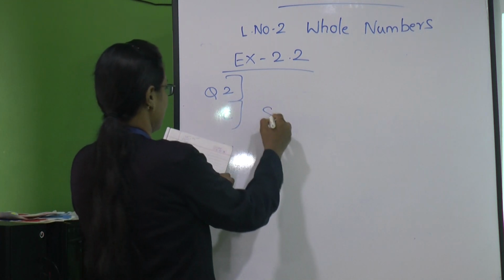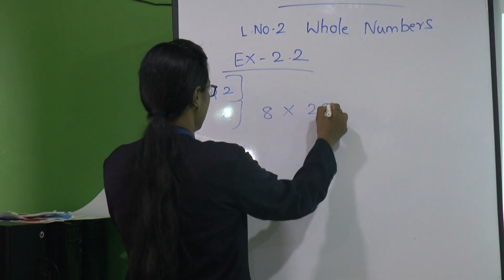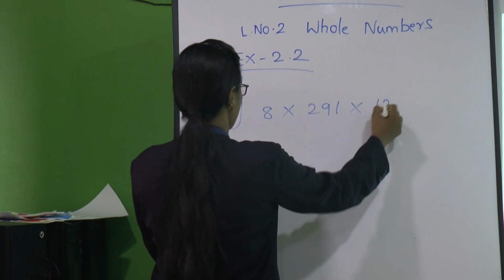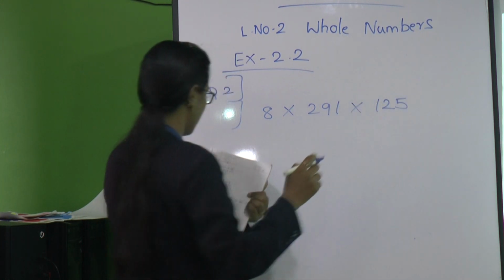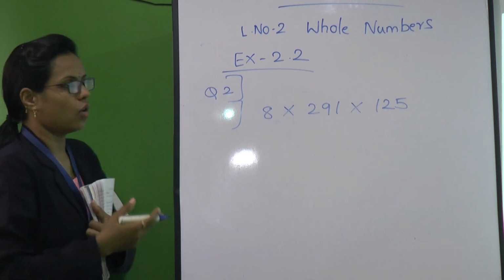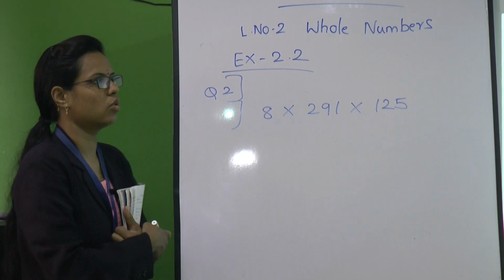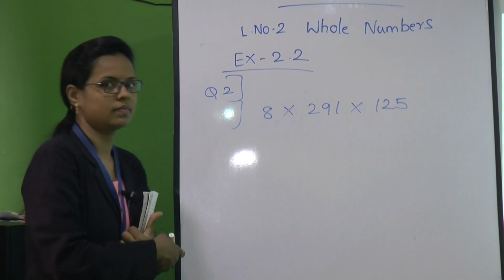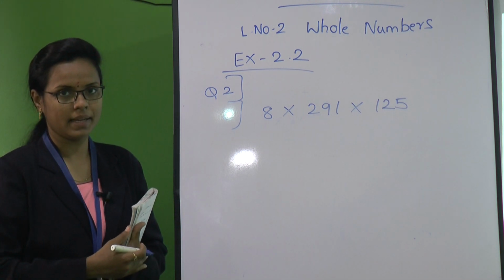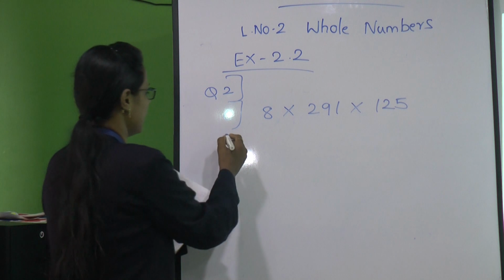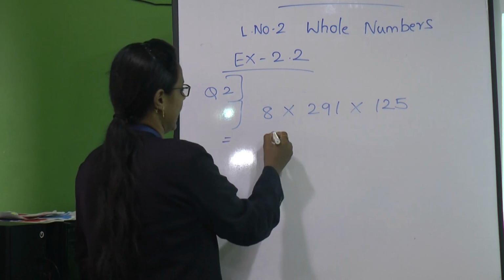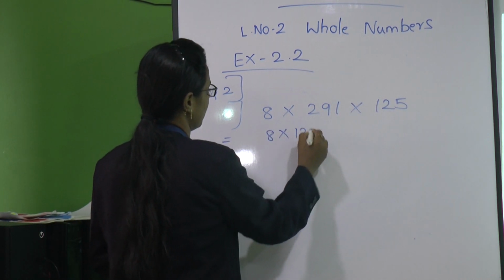C1, 8 into 291 multiplied by 125. Okay. Now, which numbers do we multiply here? Those are different numbers. Tell me. Yes. Okay. Let me solve. See here. 8 multiplied by 125 and the remaining number 291.